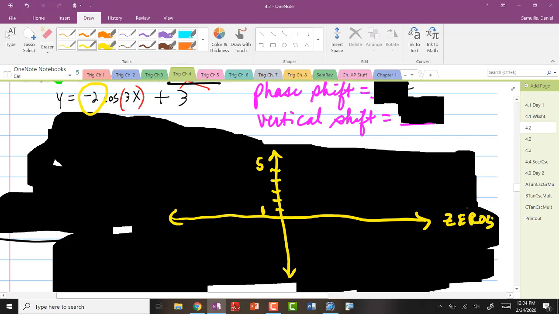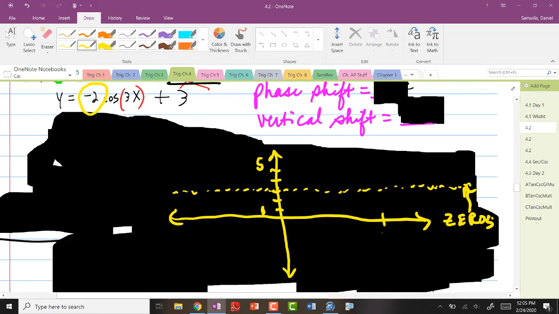Anyone? Up 3. So 1, 2, 3. What you should do is make a dotted line fake x-axis here. This is where the zeros are now. Okay? And then from here on out, it's easy. You just graph the graph based off of the dotted line. It's so simple.